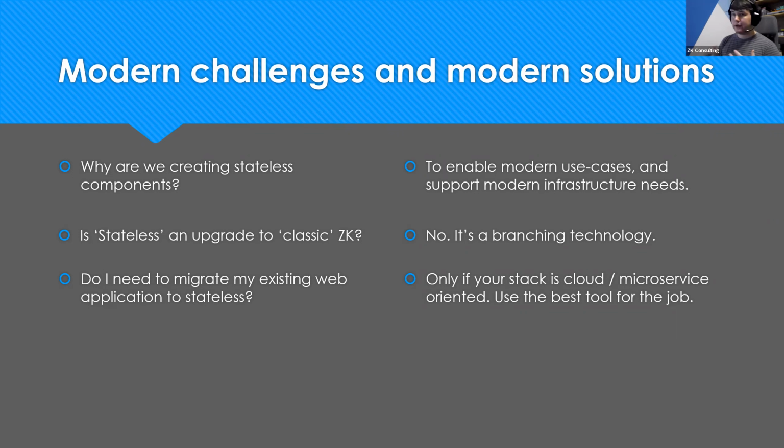It would essentially be wasting time, because if your application is already well suited to your infrastructure, you essentially do not need to do the effort to make it well suited to a different architecture, which you're not going to use anyway. So it is not necessary to upgrade your application to stateless. Simply consider what your infrastructure need is and decide if stateless is best for you or if classic infrastructure is best for you.